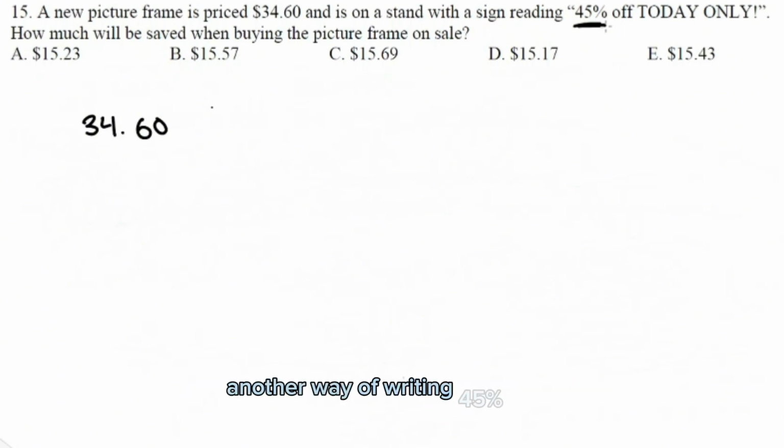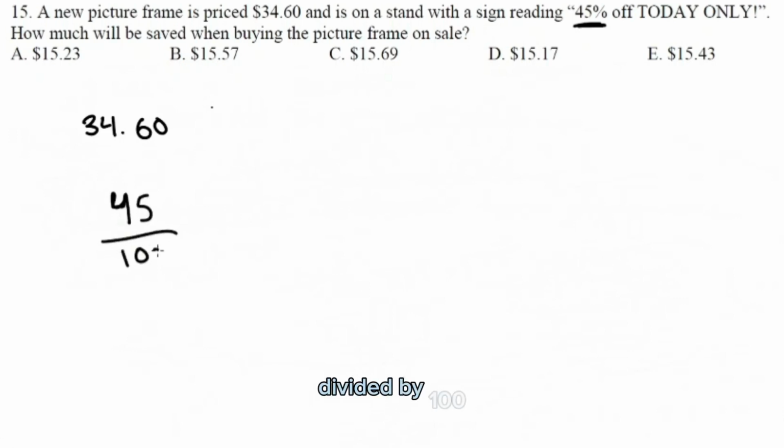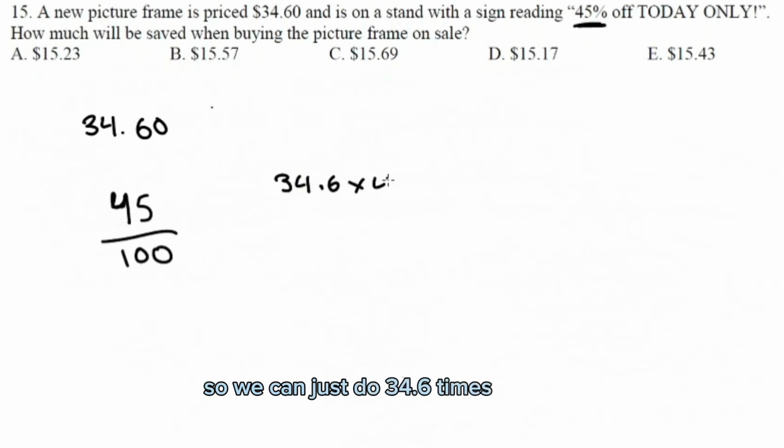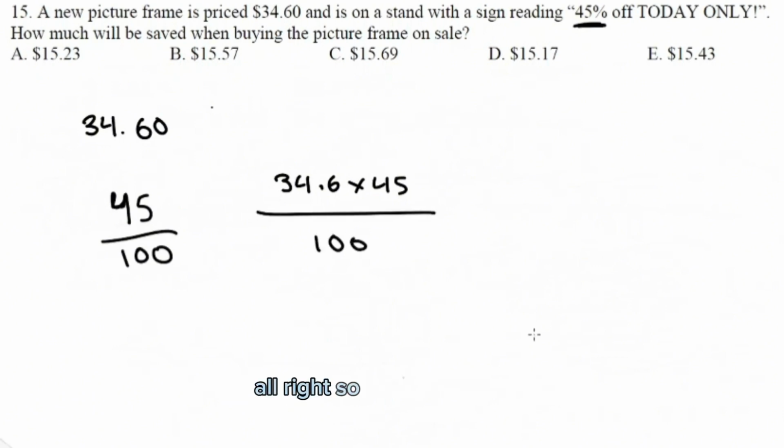Another way of writing 45% is 45 divided by 100. So we can just do 34.6 times 45 divided by 100. Alright, so instead of doing the complex multiplication in the numerator first, we can do the division first.